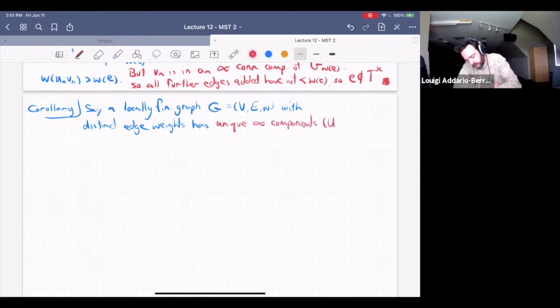And I'll abbreviate that UIC and not U infinity C. If for any positive t, the graph G_t minus has at most one infinite connected component.